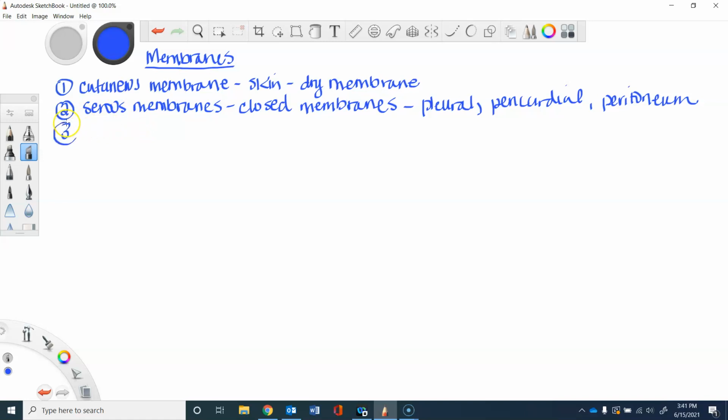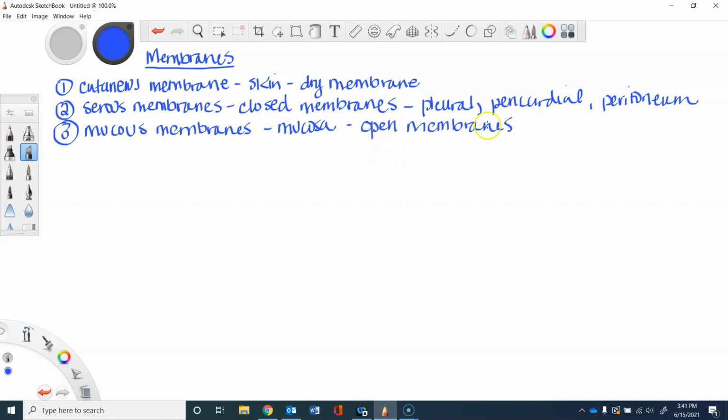So the third one I want to talk about are the mucous membranes. Also called the mucosae or mucosa. These are open membranes. Okay.